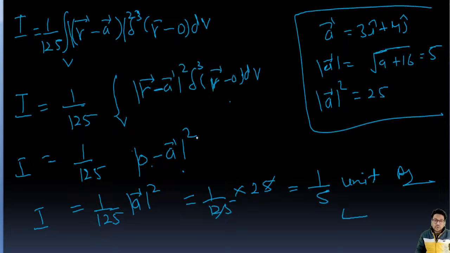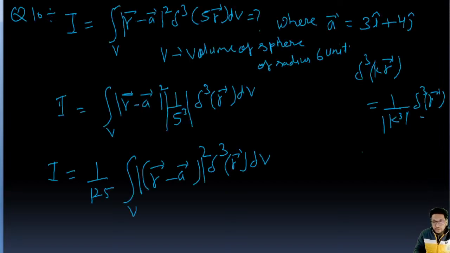Now we are going to solve a very important question, related to property number 18. I'll write this property number 18 again for you, but before that we'll write the question.